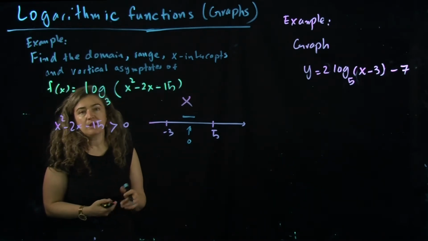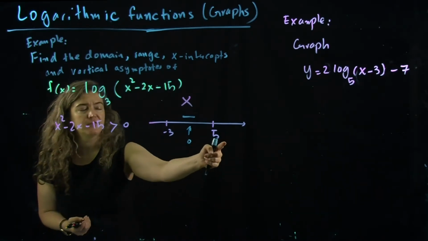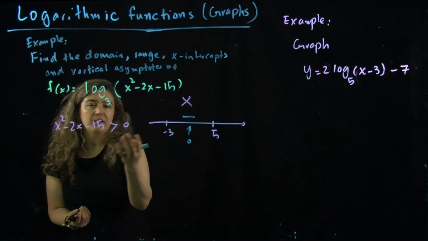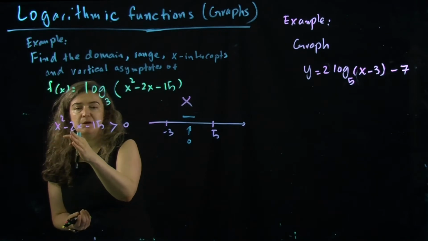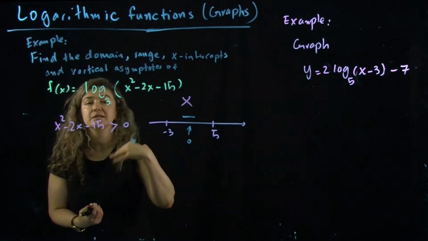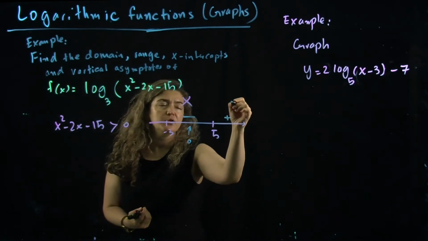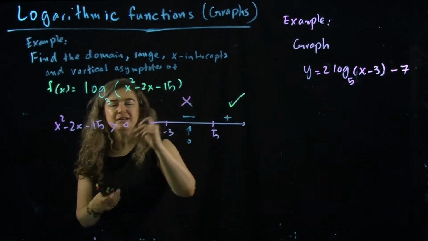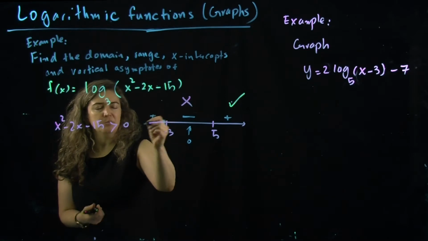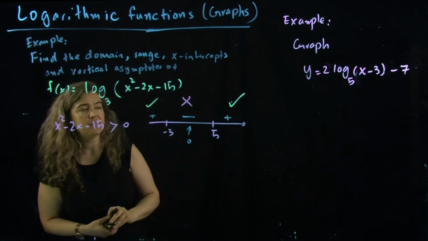Something bigger than 5, let's say 10. I can put in 10 and get 100 minus 20 minus 15, which is a positive number. Therefore, this part is allowed, and I know that the other part is going to be allowed too. Why?